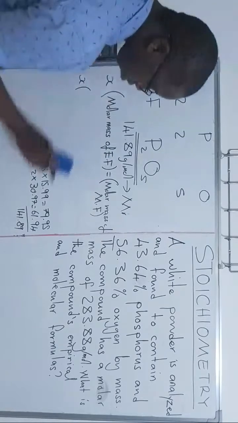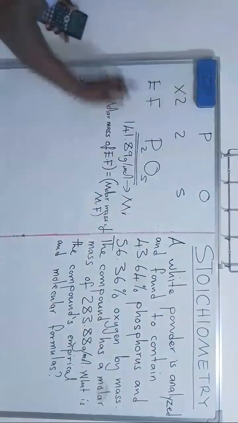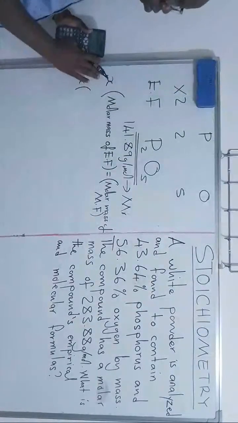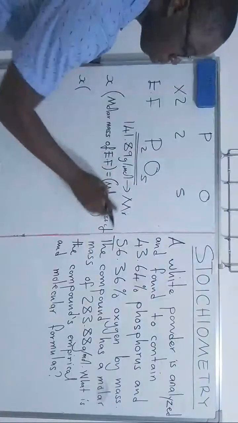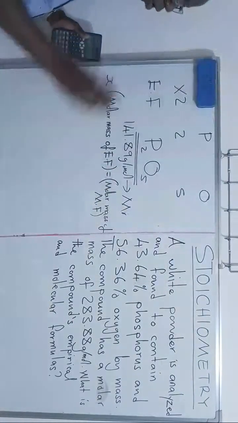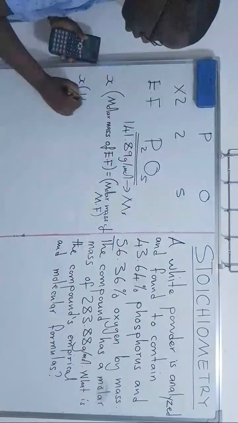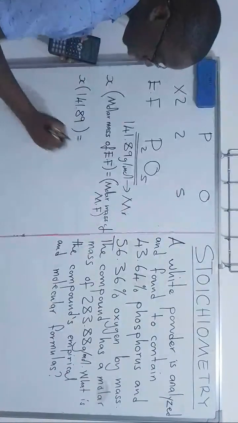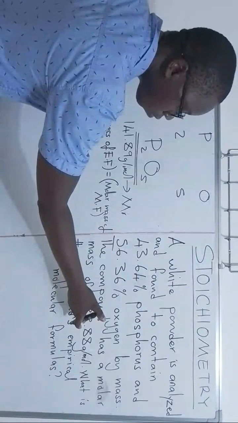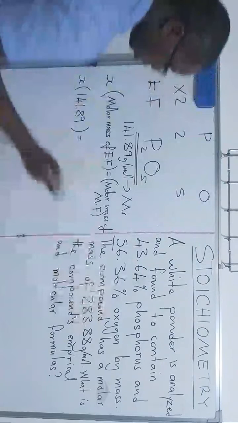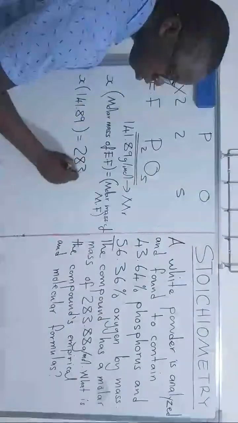So we go back to the expression that we said: X multiplied by the molar mass of the empirical formula is equal to the molar mass of the molecular formula. So we'll put this number here: 141.89 should be equal to the molar mass of the molecular formula we have been given, which is 283.88.